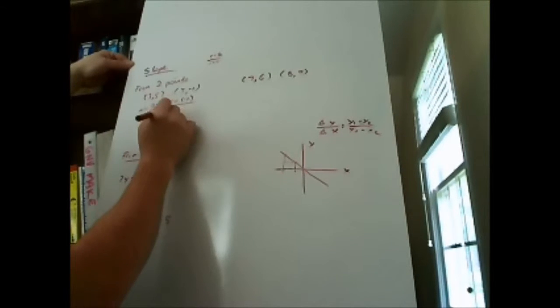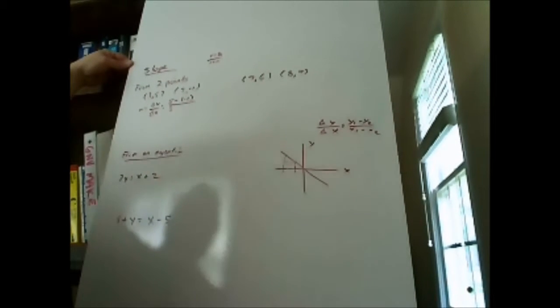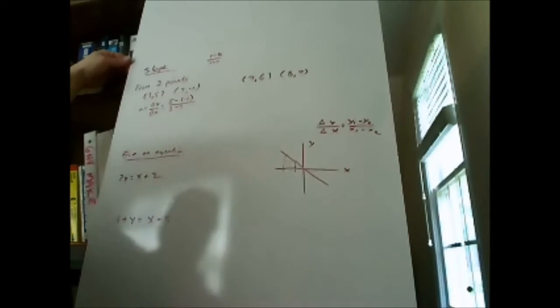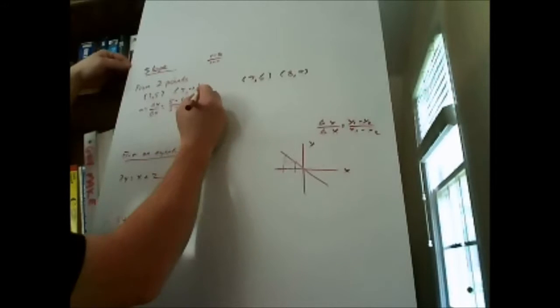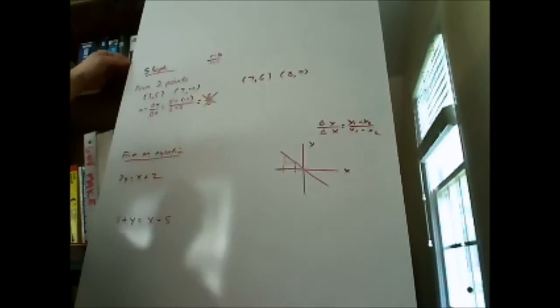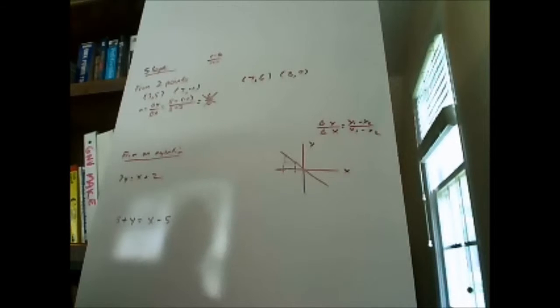First x is going to be a 3, minus a 3. Whoa, we got a problem there. We're dividing by 0. That's not good. So basically we have 6 over 0, which is not a slope at all. It's undefined. So what does that mean?